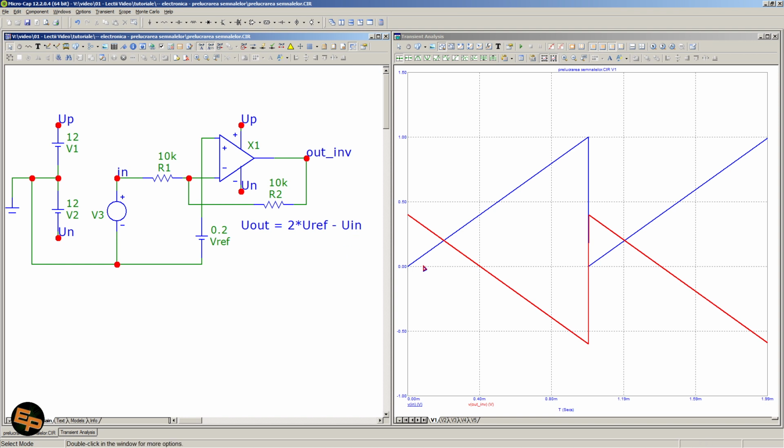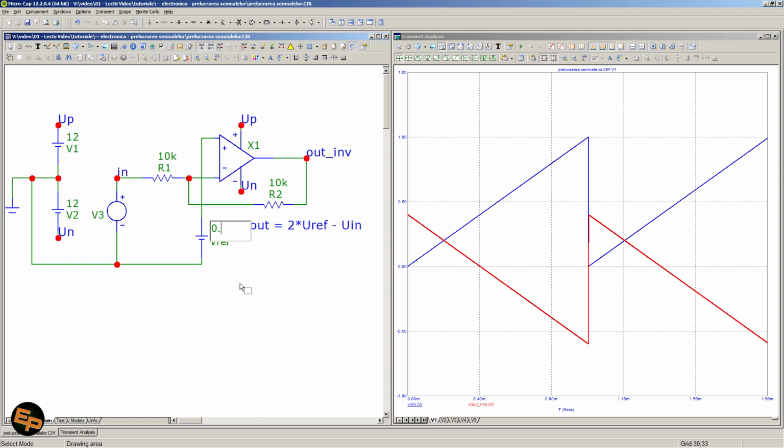Okay, so in other words, if we have our signal that goes from 0 to 1 volts on the input, and we want our output to go in reverse from 1 to 0 volts, then the middle point between 0 and 1 is half a volt.